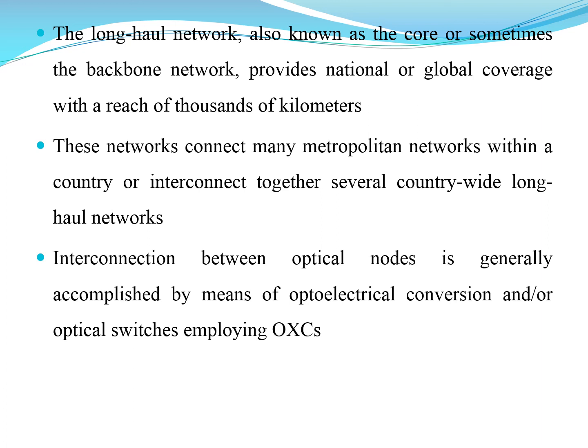These networks connect many metropolitan networks within a country, or interconnect several country-wide long-haul networks. Interconnection between the optical nodes is generally accomplished by means of optoelectrical conversion and optical switches.